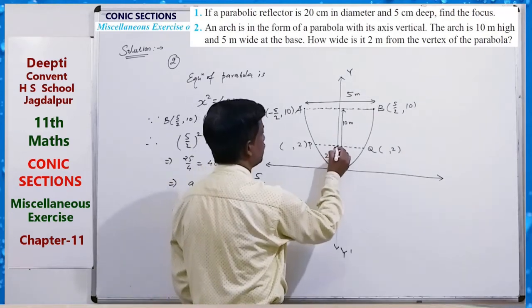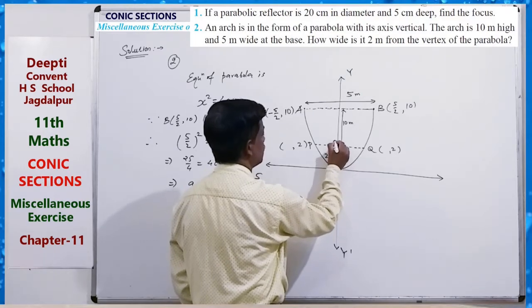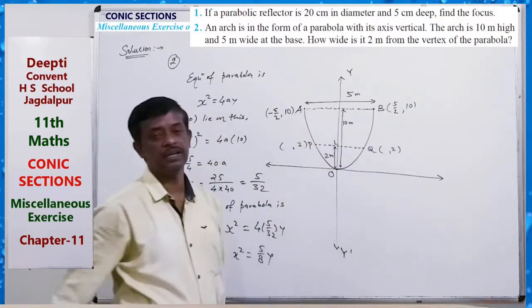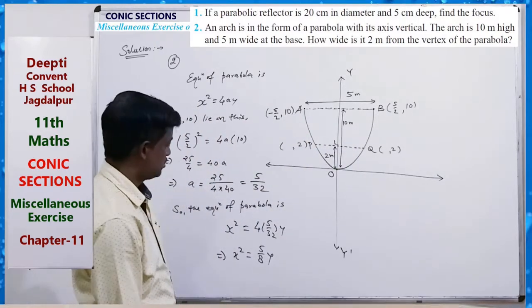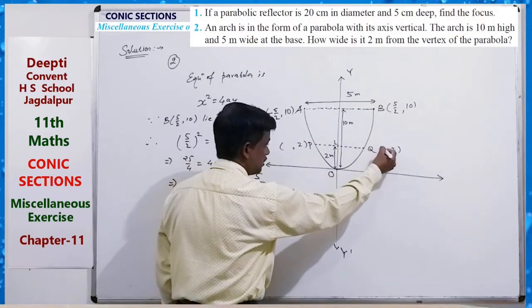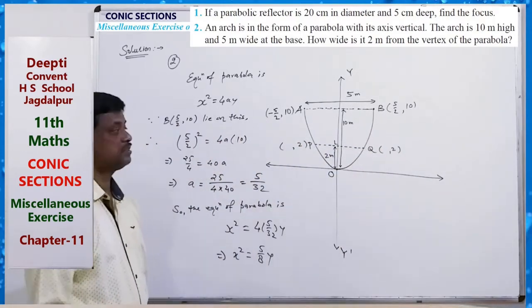Suppose this is L, then LQ and PL will be the same value. So for finding this value, suppose this is K, that is the value of x.